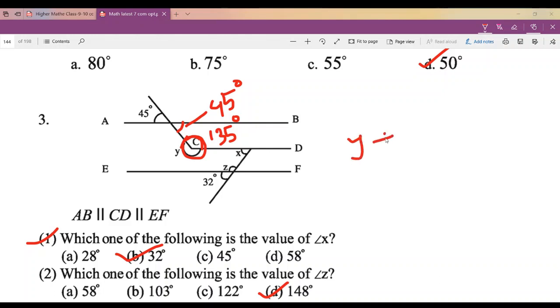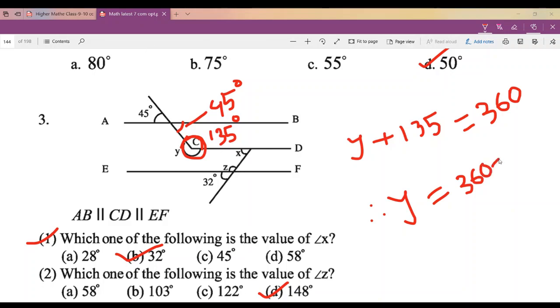Y plus 135 equal to 360. Therefore Y equals 360 minus 135.